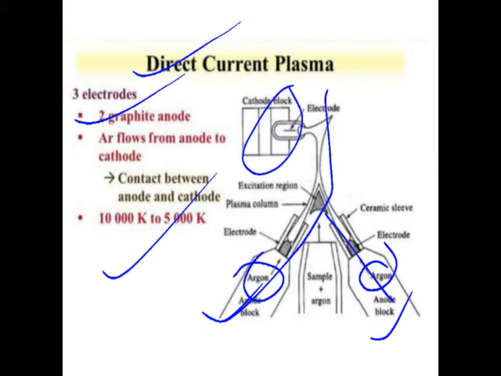Also this DCP requires more regular upkeep than the ICP because the graphite electrodes wear out after a few hours. So the graphite electrode must be exchanged. So it is necessary to upkeep the DCP or exchange the cathode block.